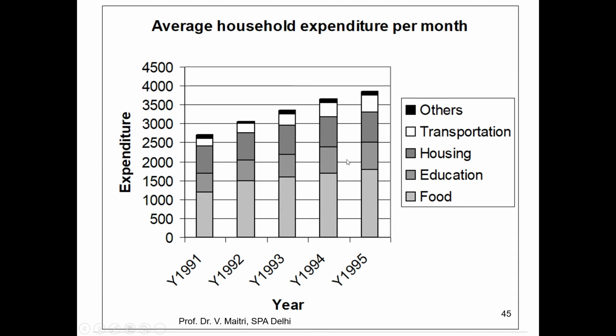Then education has increased, housing is almost the same, transportation has increased a little bit, and others a little bit. So as the years pass, the expenditure pattern of the families of that town is described like this. This table gives us this presentation, and through this you can explain very easily.